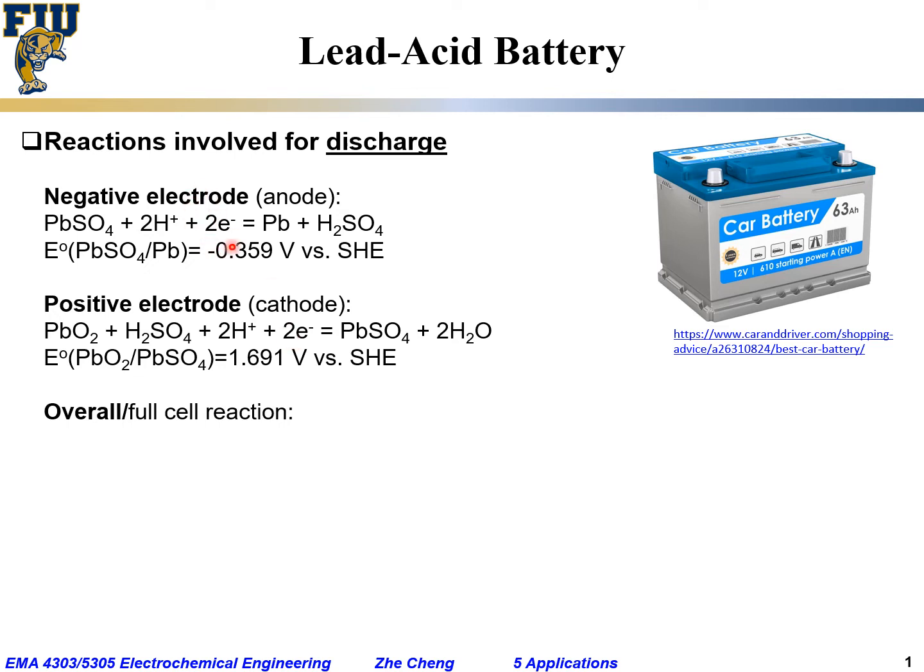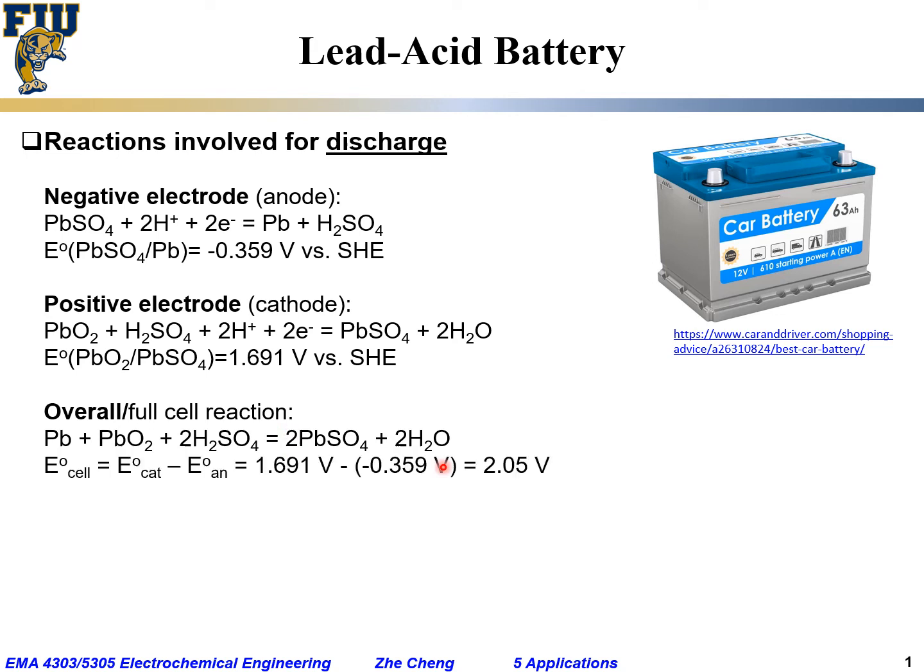But the goal is to eliminate electron in this process, and we end up with this lead plus lead oxide to form lead sulfate, and in this process also consume sulfuric acid to form water. That's the so-called full cell reaction.